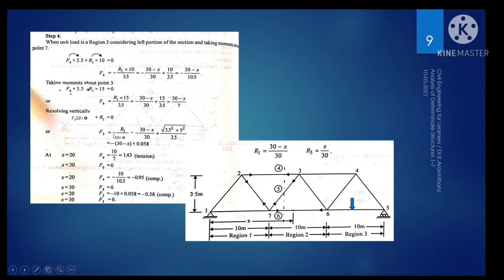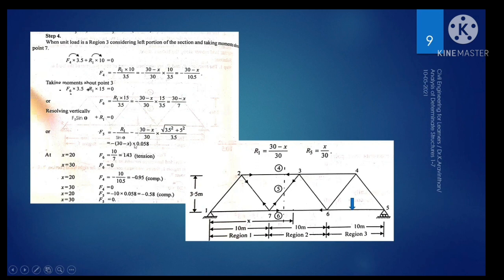And for F6, you have to use 30 minus x by 7. So 30 minus x, if you substitute x equal to 20, 10 by 7, and you will be getting 1.43, that is plus. For all positive forces, you can assume tension, and for all negative forces, you can assume compression.